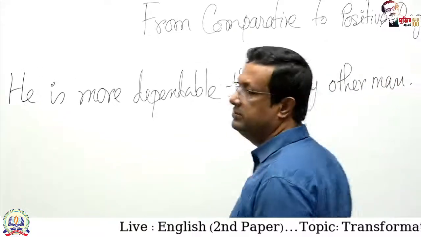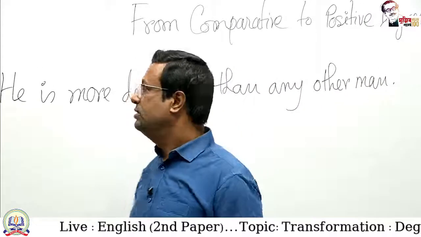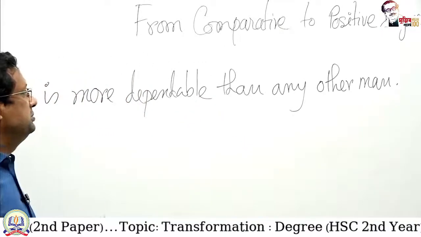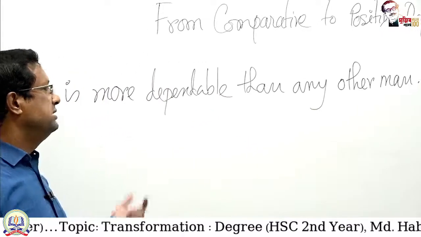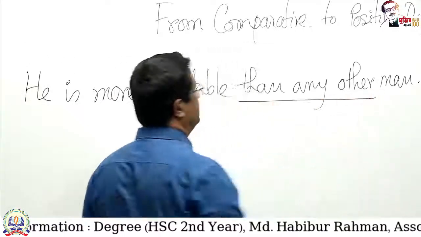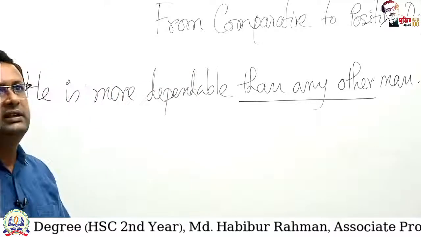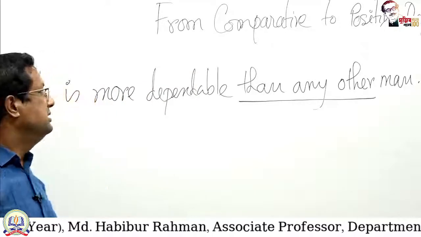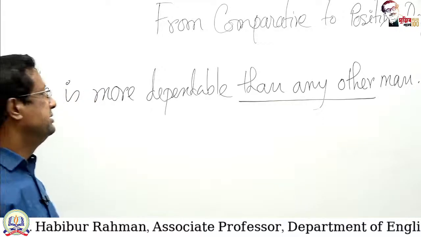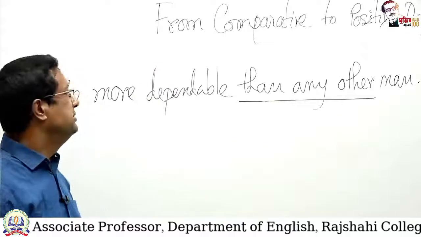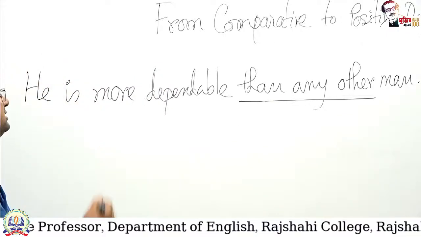This is comparative degree, and when we want to convert it into positive degree, what will we do? If you find than any other, you will start from no other. Than any other man will be no other man. In this way, you will start.